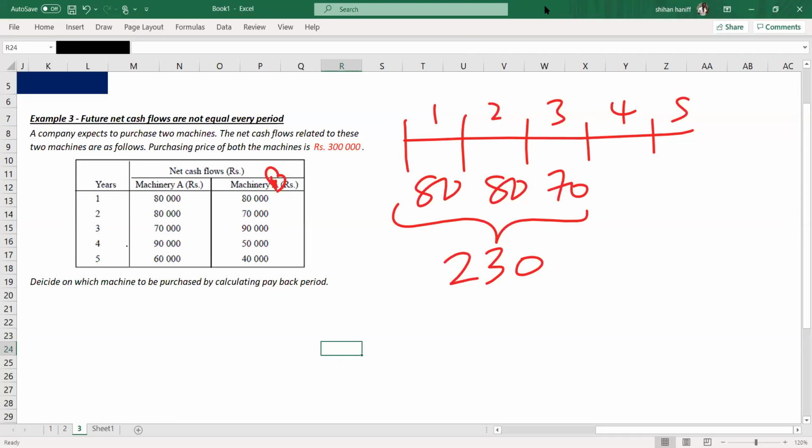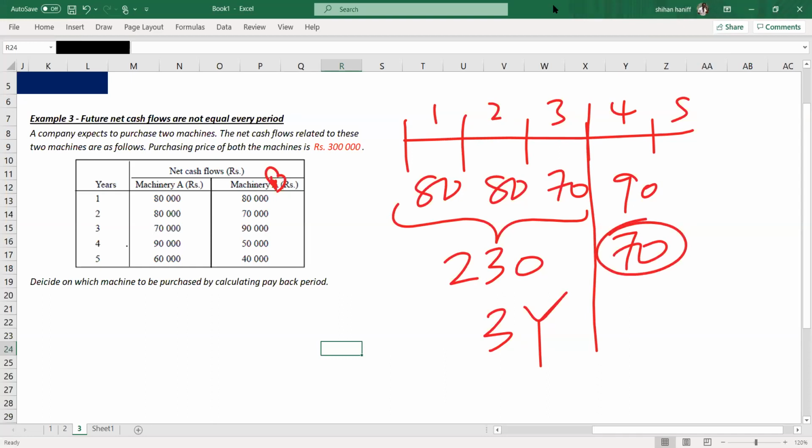So in year 4 it's 90. So 3 years, and to make it 300, you need only 70 more in the 4th year.